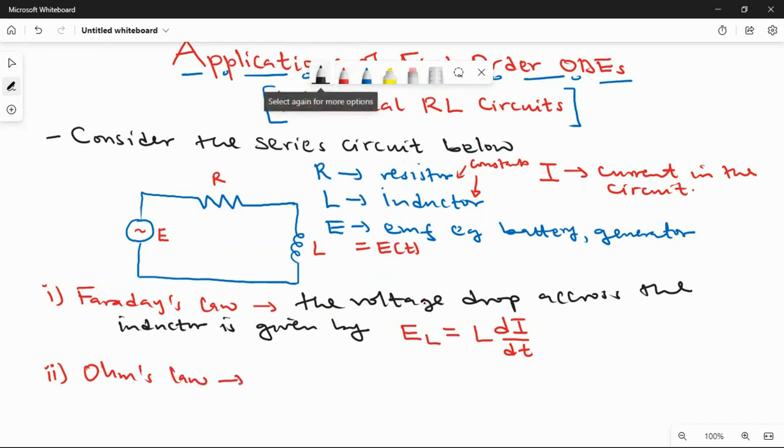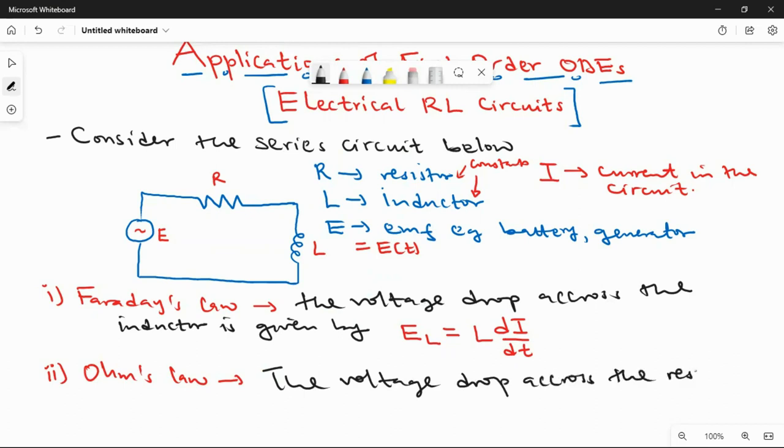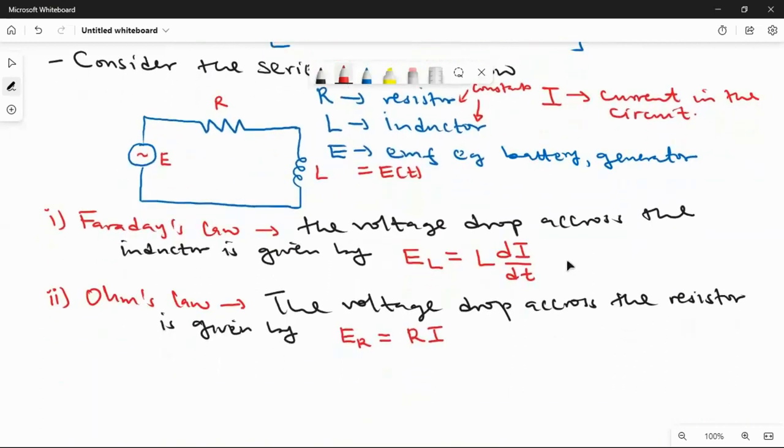Number 2 is Ohm's law. Let us state Ohm's law. It states that the voltage drop across the resistor, R capital, is given by, let's denote that by E subscript R, and it is the product of the resistor and the current, R times I. Remember, I is a function of t, where t denotes time.